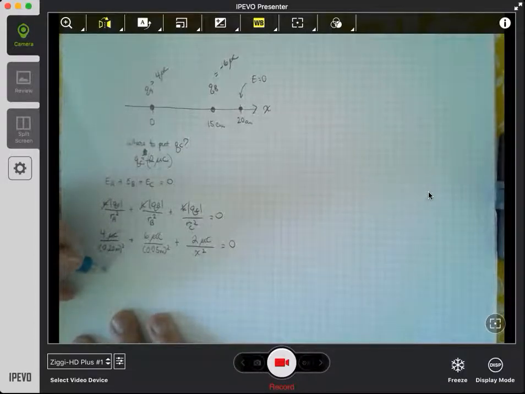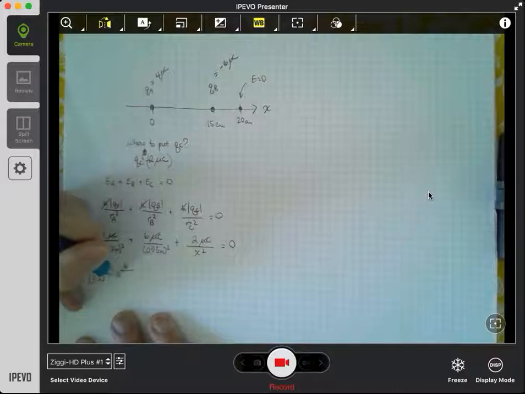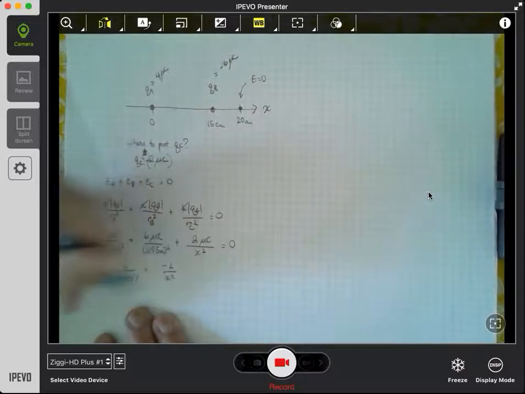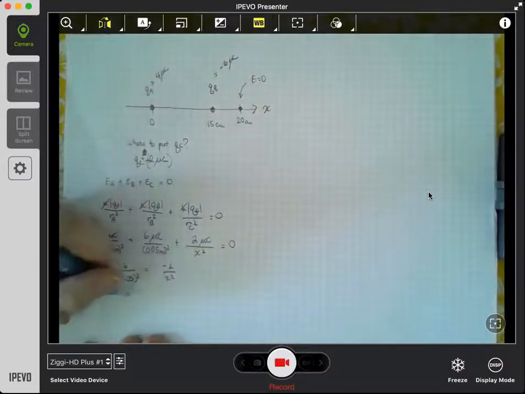All right, so we can say that 4 over 0.2 squared plus 6 over 0.05 squared is equal to minus 2 over x squared. All right, well, let's add up this side.